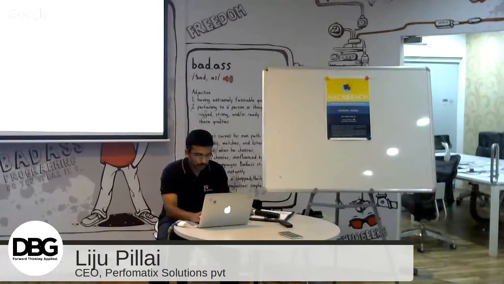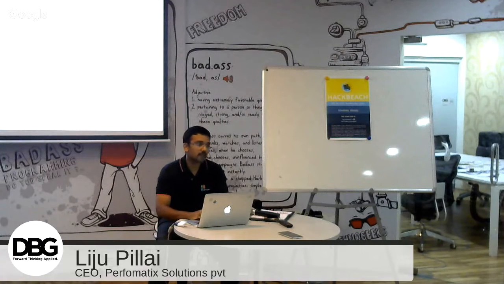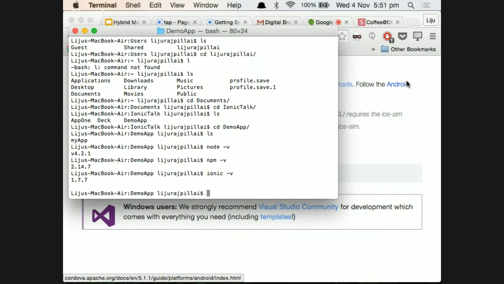All right. So I have already installed Node. You need npm. I've installed npm. Then I have to install the Ionic command line tool, so that this is going to recognize this command called Ionic. So I have all three basic things installed here. Now I'll show you how simple it is to create a mobile app.